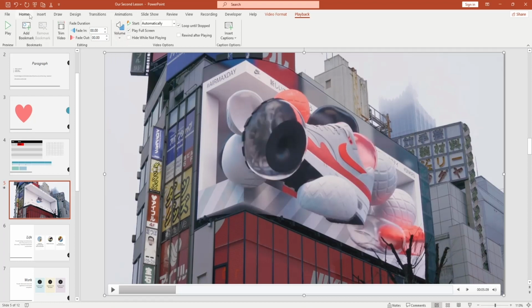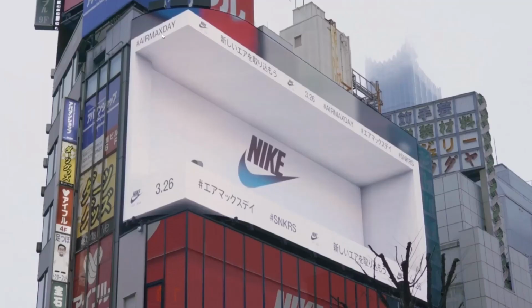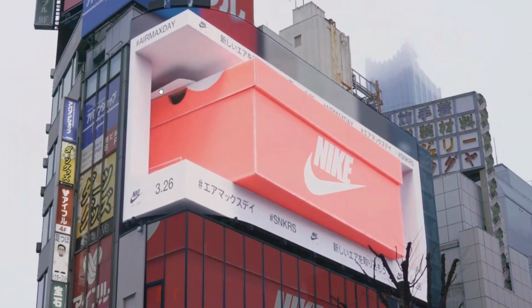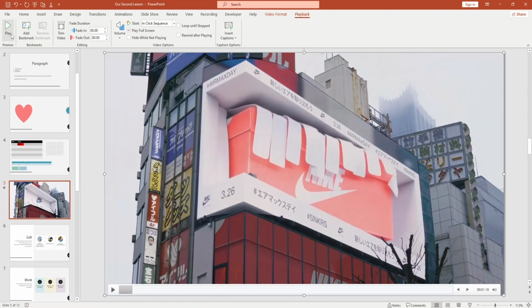For example, if we just click on the slide, this is our slide. Over here you can see when I click on it, it will start playing, right? But what I want to do is click over here and it will start playing.